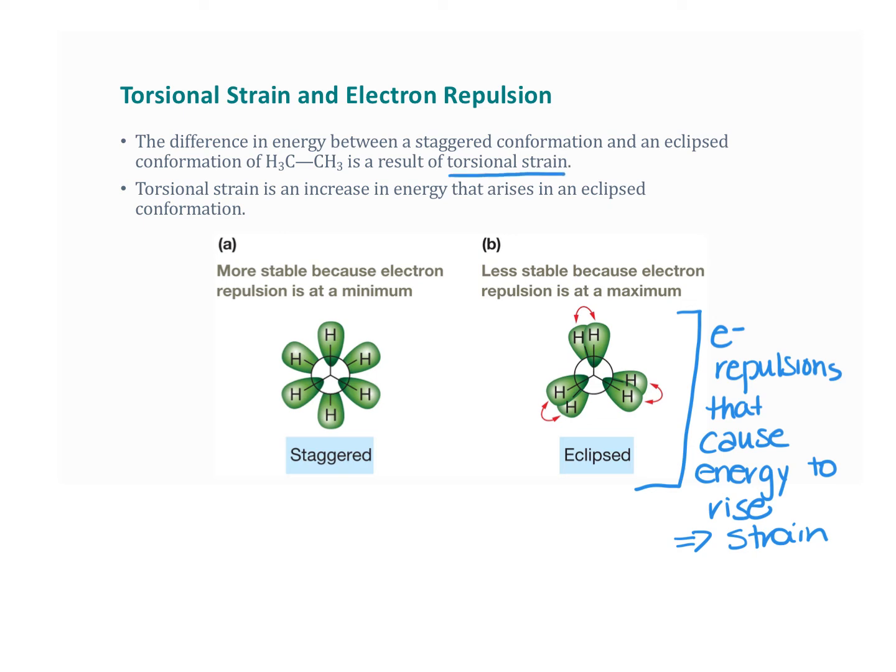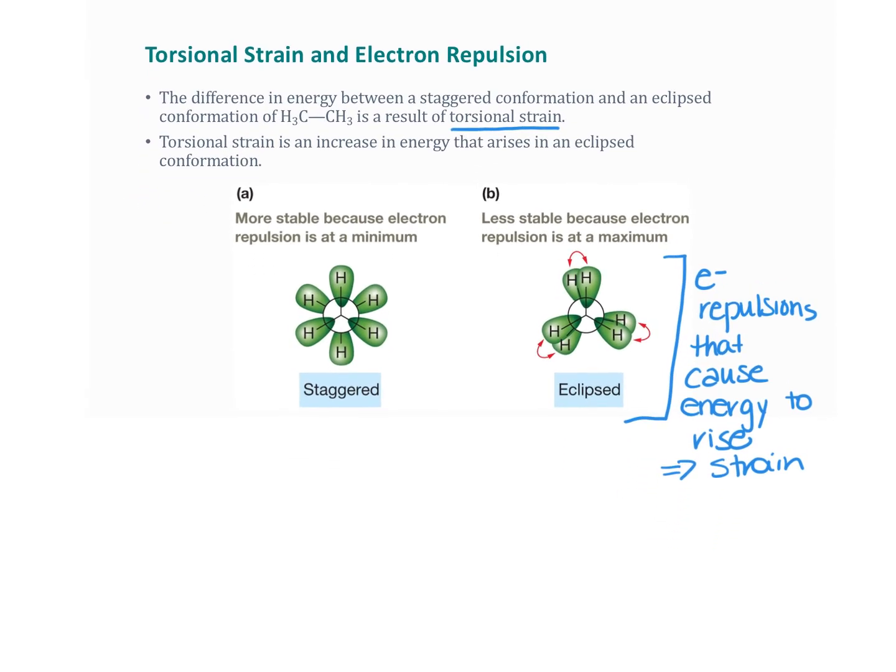Also, because the carbon-hydrogen electron groups are closest when the conformations are eclipsed and farthest apart when staggered, we can say that eclipsed conformations possess torsional strain and staggered conformations do not. So eclipsed has torsional strain, staggered does not. We've got torsional strain because we're twisting.